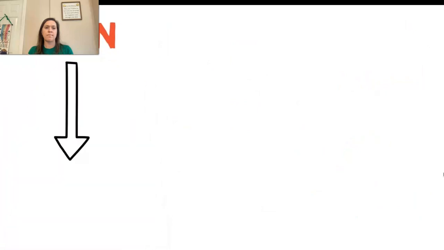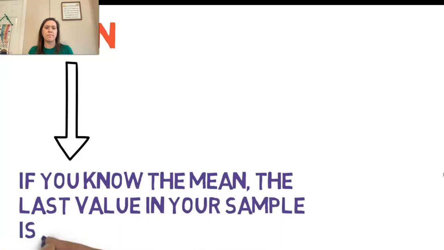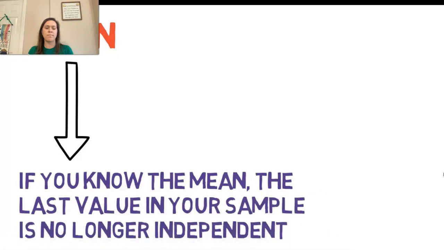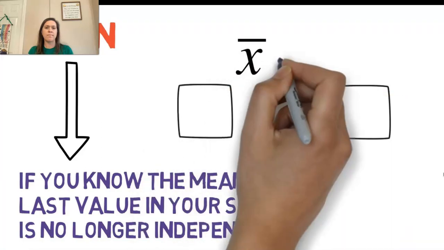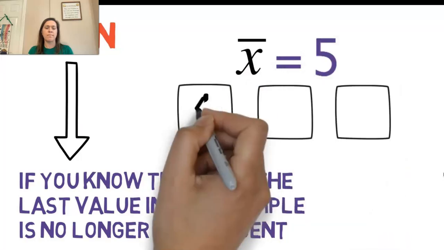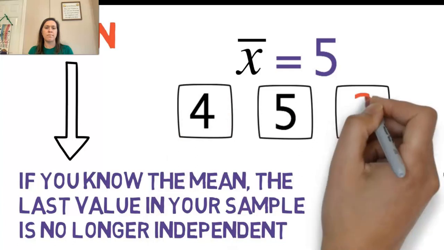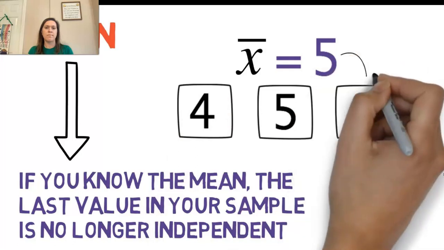But, when you come to think about it, if you already know the mean, this means automatically that you don't need all of the data values in your sample to be able to calculate the standard deviation. Why is this? Well, for example, if you have 3 numbers and you know their mean is 5, if you then find out that the first 2 numbers are 4 and 5, then the last value has to be 6.